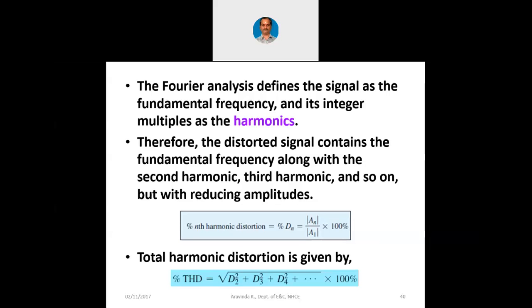So, if the signal in the siren gets distorted because of the amplifier, the distorted signal contains the fundamental frequency along with the second harmonic, third harmonic and so on, but with reducing amplitudes. The percentage of the nth harmonic distortion, or percentage of Dn, for second, third, fourth and so on, is the amplitude of An divided by the amplitude of A1, times 100%.